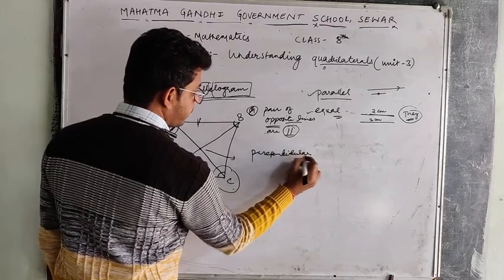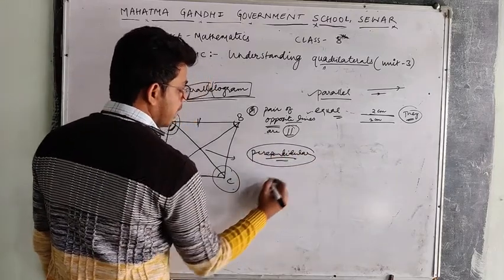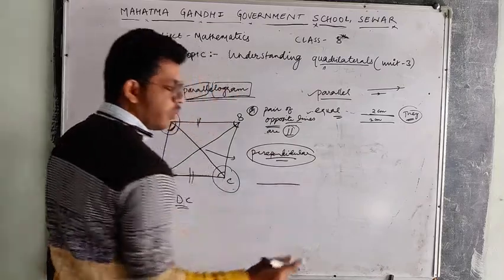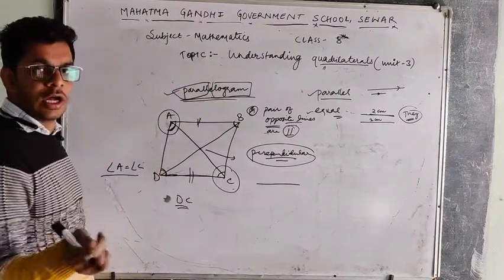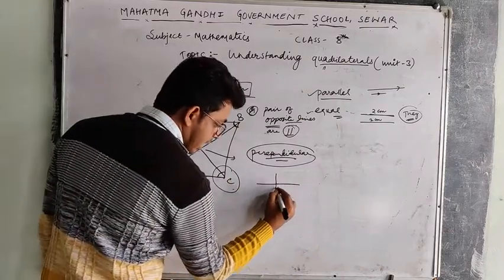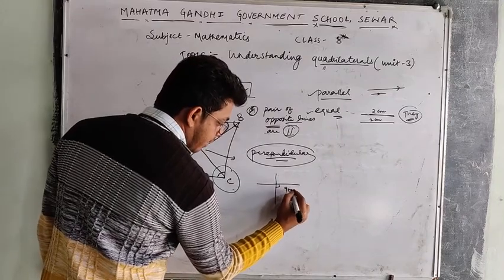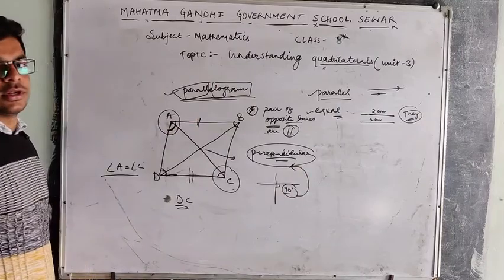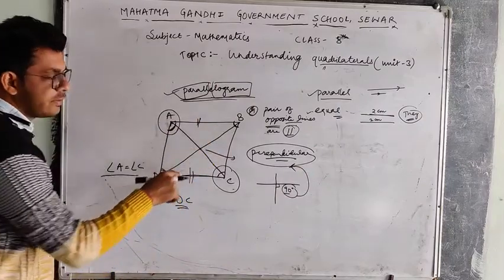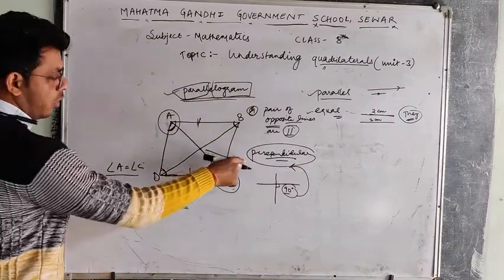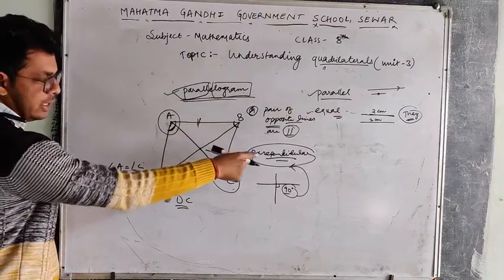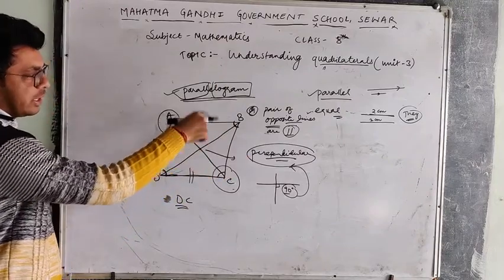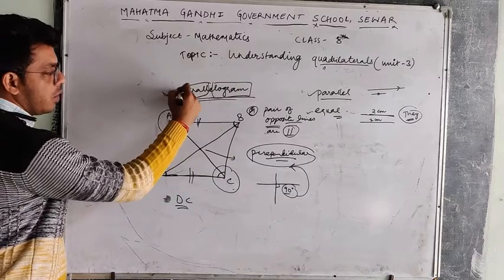Perpendicular means anything which falls on another line and makes an angle of 90 degrees. But these diagonals do not fall as perpendicular to each other, in a parallelogram only.